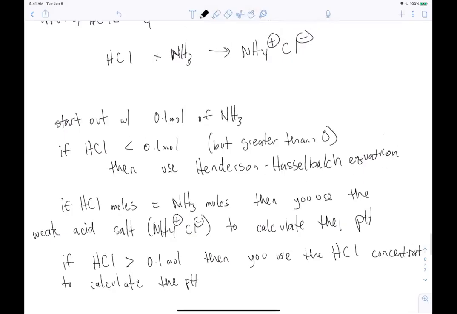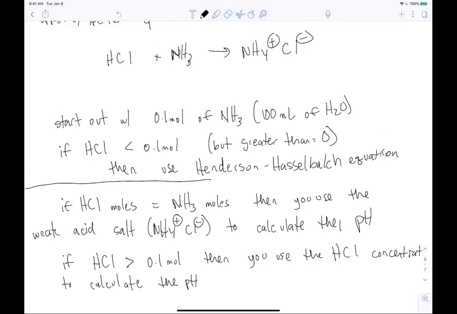Let's say you're in 100 mils of water, just to make it an actual concentration you can work with. You can be in a place where you've added HCl, but you haven't completely neutralized all of the NH3. Let's say you added 0.05 moles of this.